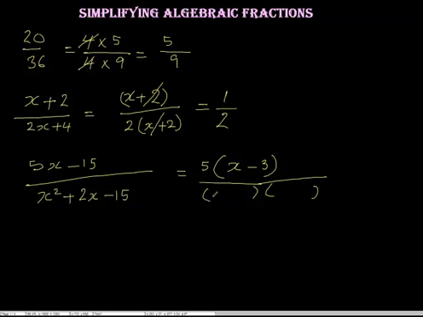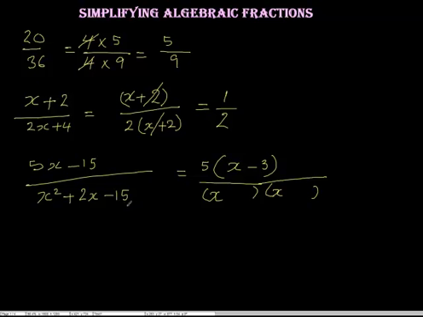Now x and x makes x squared. Now I've got minus 15. Two factors of 15 which can give you 2, either a total of 2 or a difference of 2.